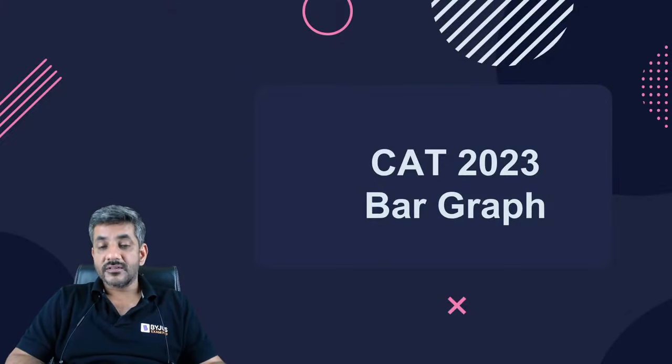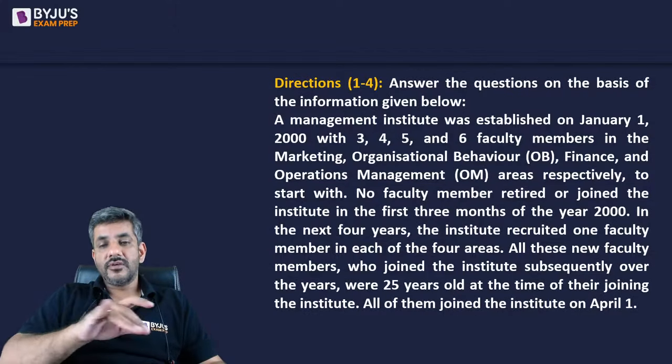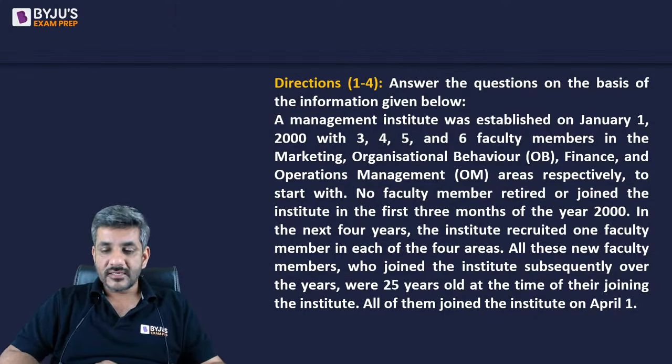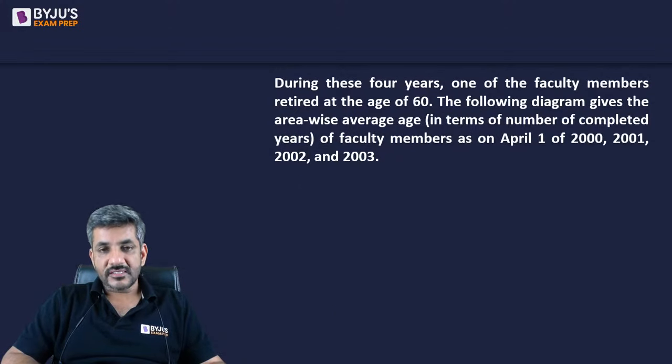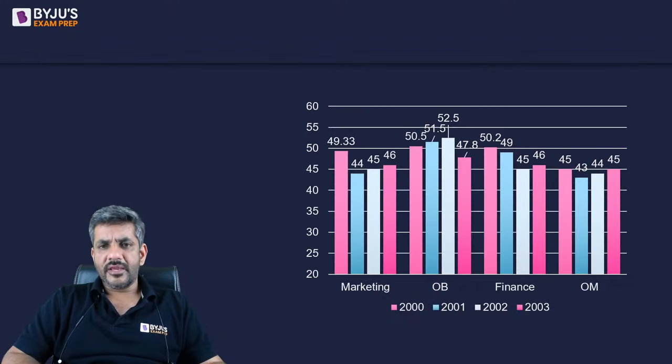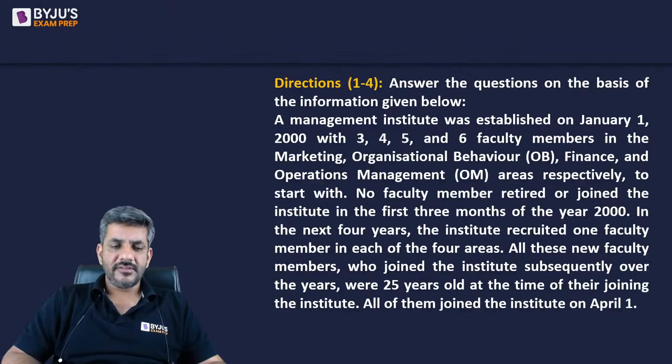Here is the first question on your screen now. So here is the table, the data. Please look at this data, on the basis of which there is another data, and then we have a graph like this, and questions would be asked on that graph. So please have a look at this. After that, we shall start solving it.